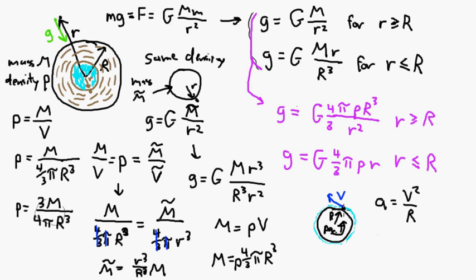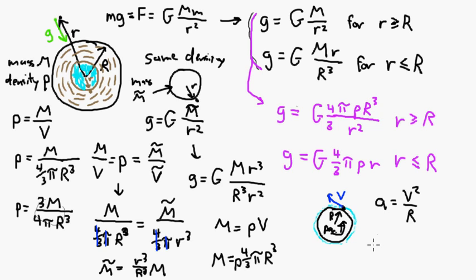So what you do is literally take what little g is at the surface, set it equal to this, and that is when gravity is providing all the acceleration it can to keep you on the surface. If the planet tries to spin any faster, you'll fly off.